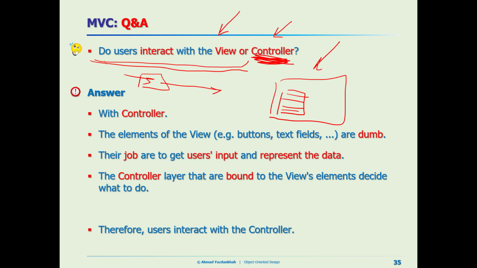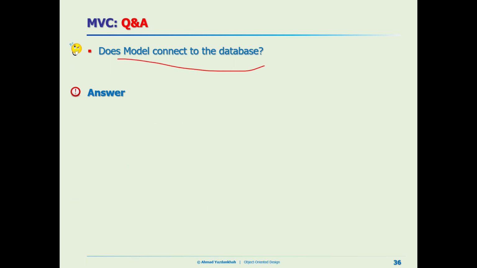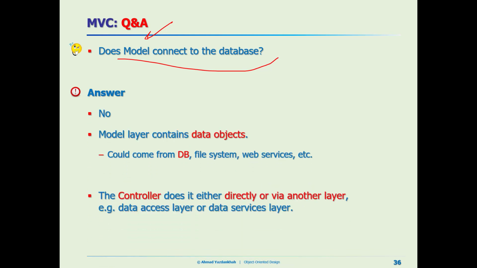Remember that. Another question can be asked here: does the model connect to the database? No, the model is just an object. It's some objects, right? Again, the controller is the king. So the controller will bring everything from the database, and the model is a bunch of objects, and their job is to connect to the view objects.